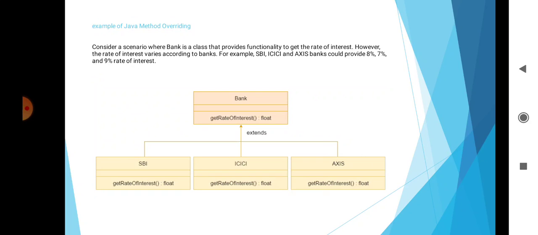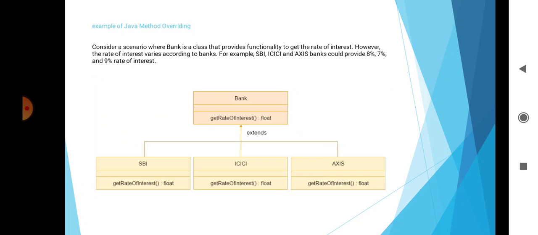Then we will see the example for Java method overriding. Consider a scenario where Bank is a class that provides functionality to get the rate of interest. However, the rate of interest varies according to the bank. For example, SBI, ICICI and Axis Bank could provide 8%, 7% and 9% rate of interest.